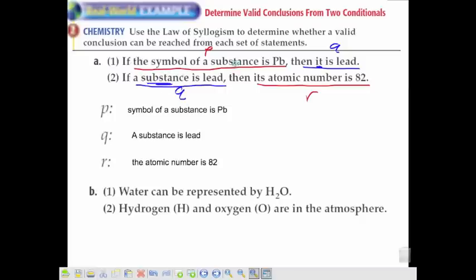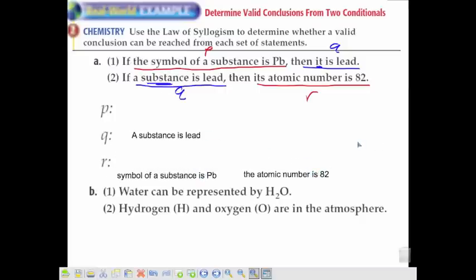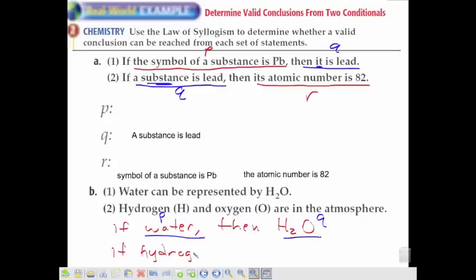So if I wanted to connect this, this would follow the law of syllogism if I say, if a substance is lead, then its atomic number is 82. We also want to look carefully at this next one. Water can be represented by H2O. So we could say if water, then H2O, where we're looking at, this can be our P, water, H2O is Q. Now if we look at the next sentence though, notice it talks about hydrogen and oxygen, H and O, but it doesn't say how they're actually combined.